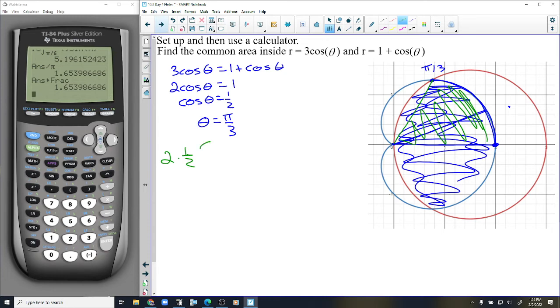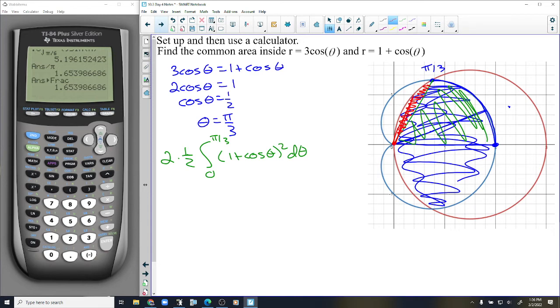2 times 1/2. I went from 0 to pi over 3, and we decided that it's following the cardioid, 1 plus cosine of theta squared. But now we have this piece left over. I haven't found any of this yet. But now if I draw a line from here to this piece, now it's following the circle.